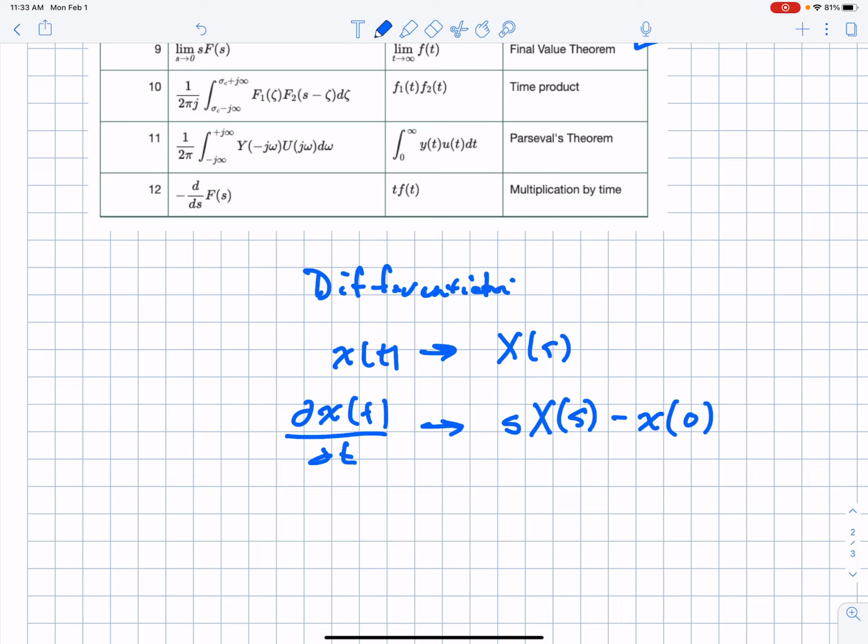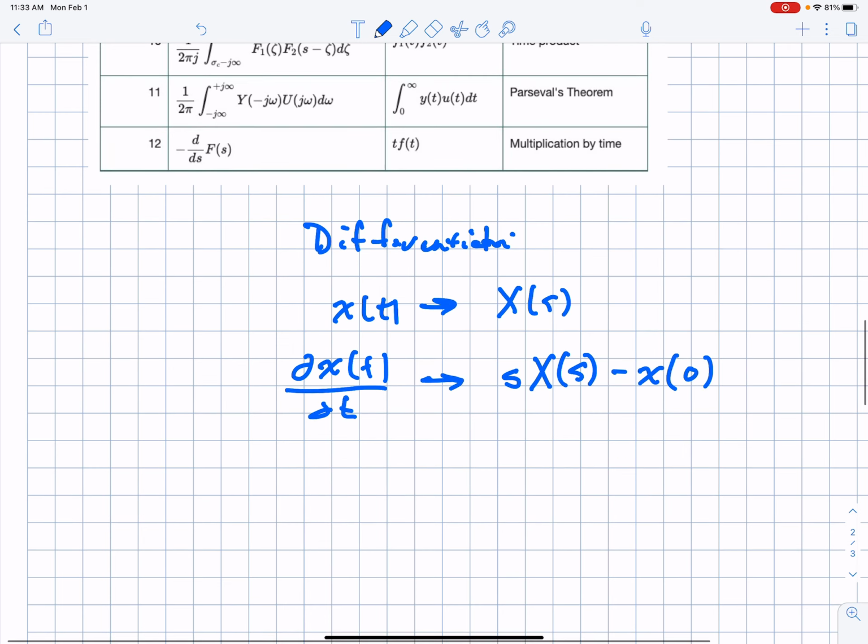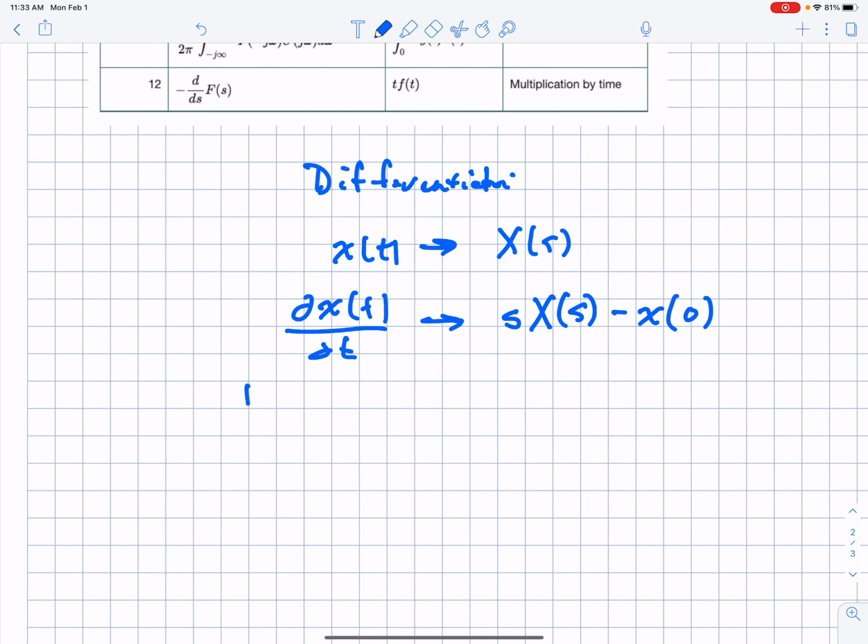I could take a second derivative and throw in the initial conditions as well. So many times in our class, we're going to end up assuming that the system is initially at rest.